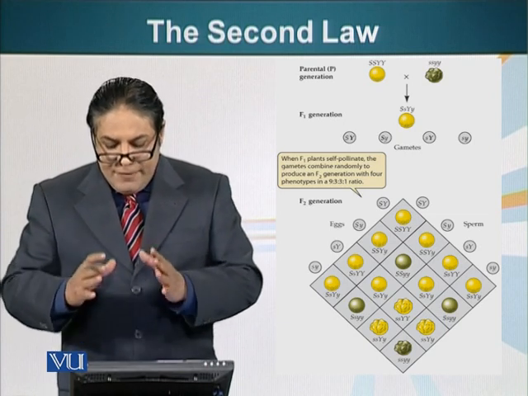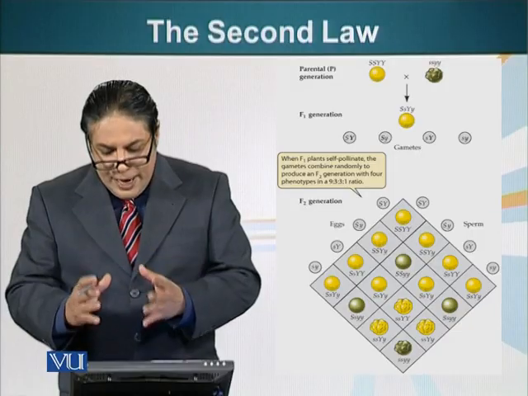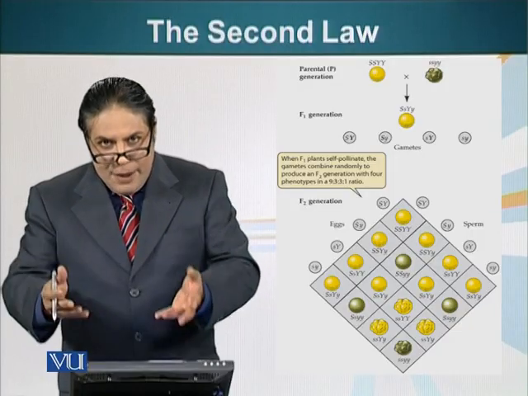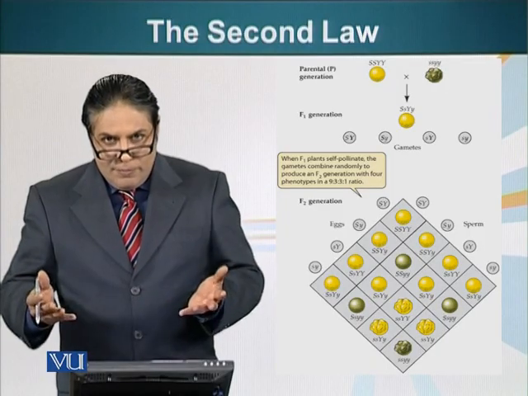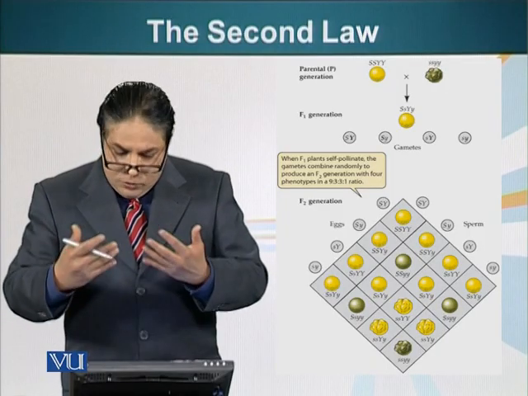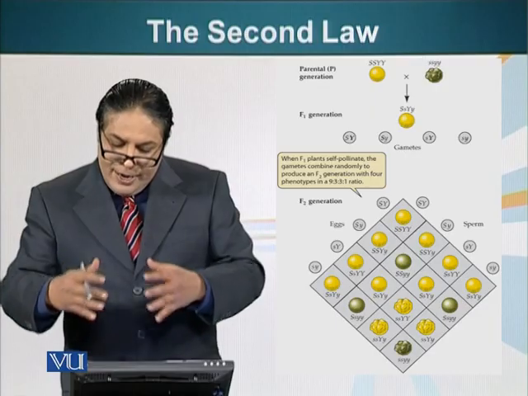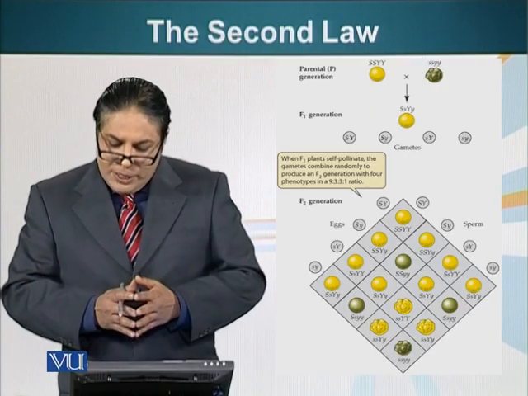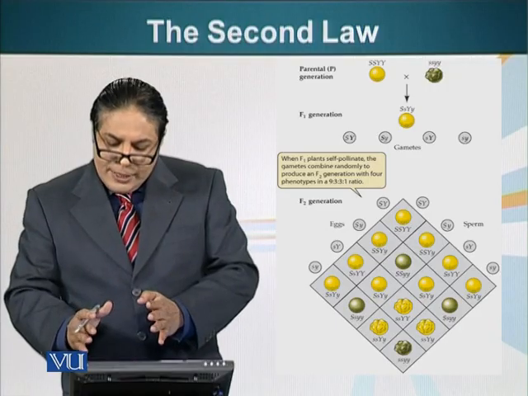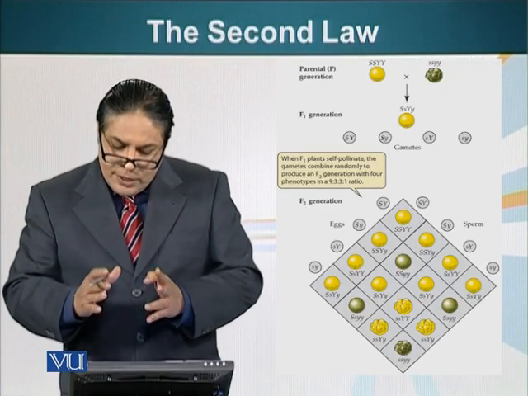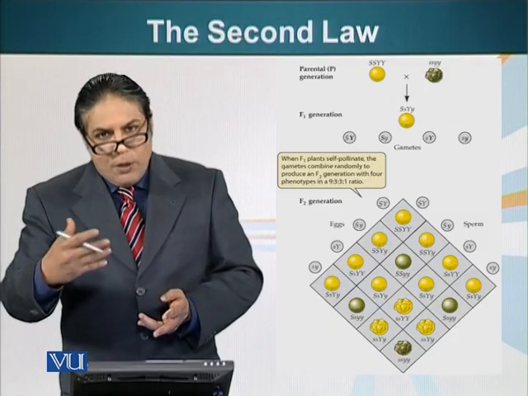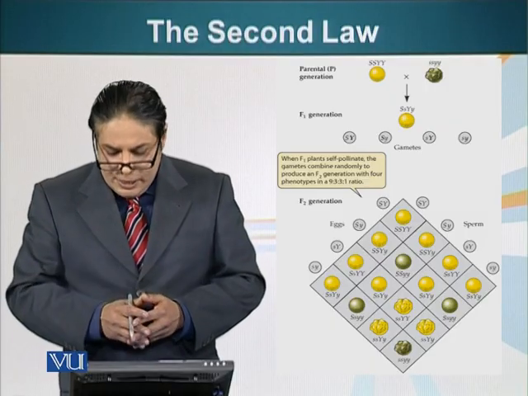This plant, if these two genes are divided in the gametes independent of each other, which is also called assortment, if they are independently assorted, we can have these 4 combinations. Since we are looking at two traits, this cross will be a dihybrid cross as opposed to the monohybrid cross we looked at earlier.